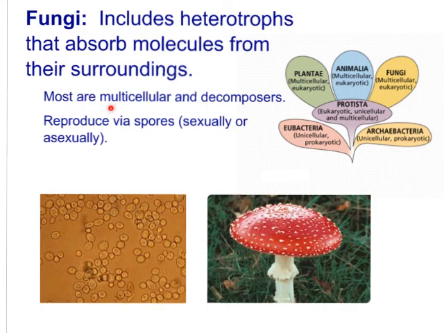When I say most are multicellular, I'm giving an example of one that is not. And if you care to guess, it's one we've actually worked with so far. It's yeast. Yeast is a member of the fungi kingdom, and it is unicellular. Here is a more typical multicellular organism that is part of the fungi kingdom.